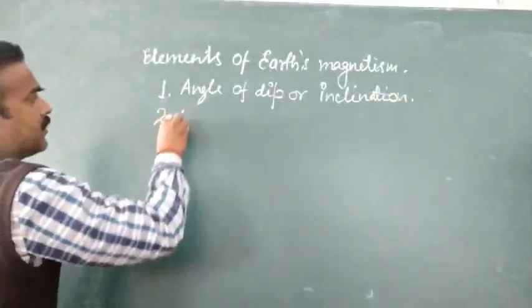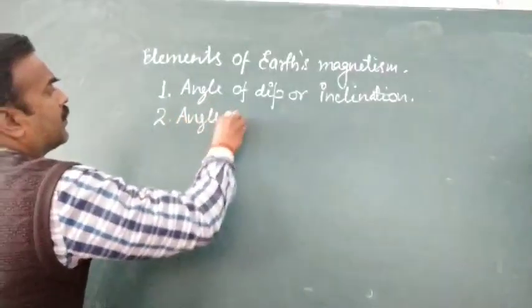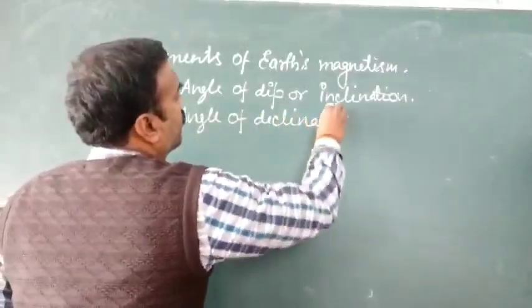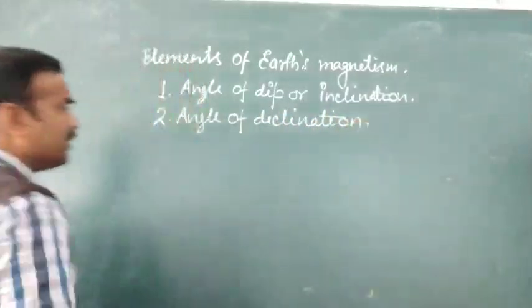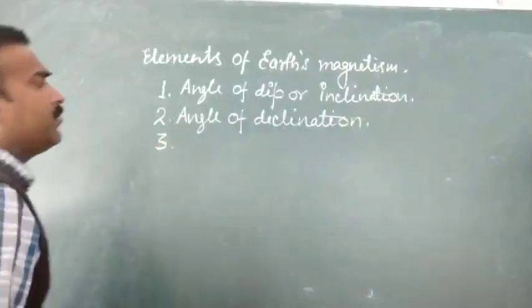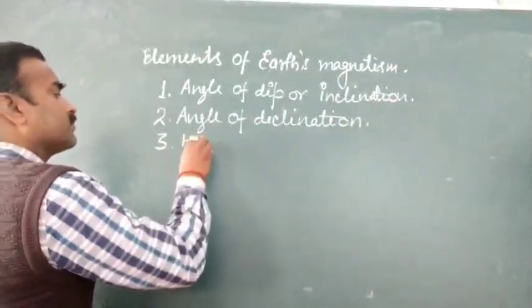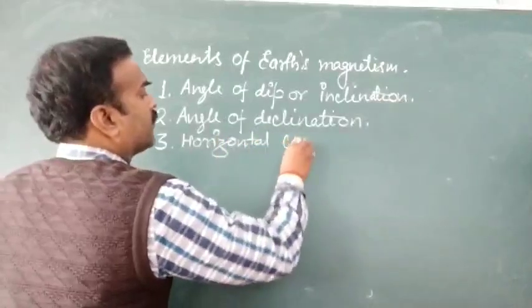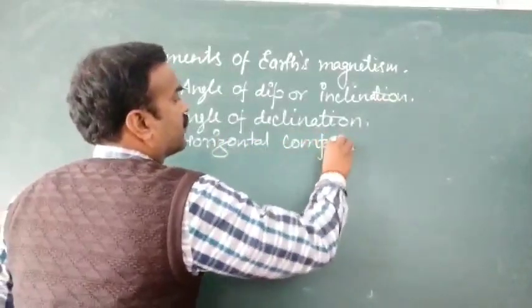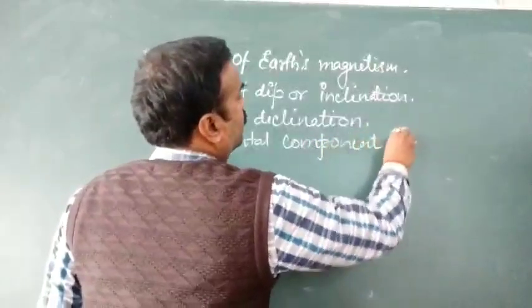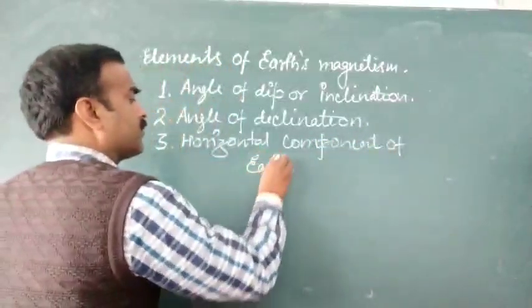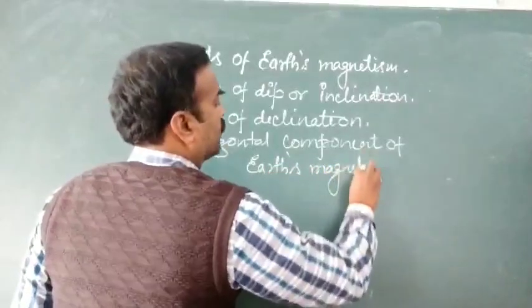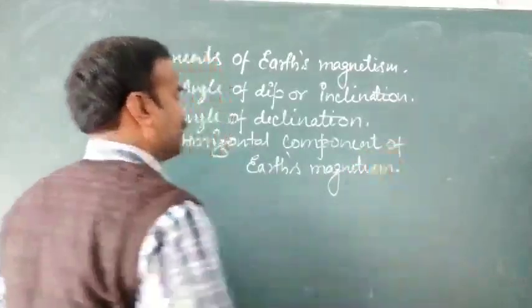Second one, angle of declination, and third one, horizontal component of Earth's magnetism.